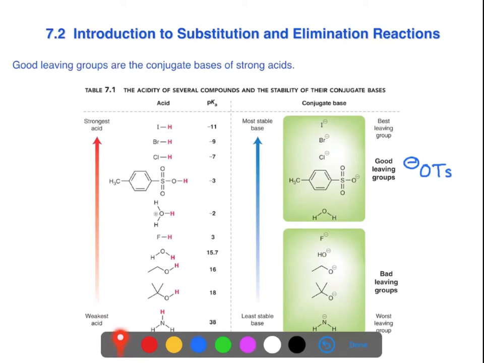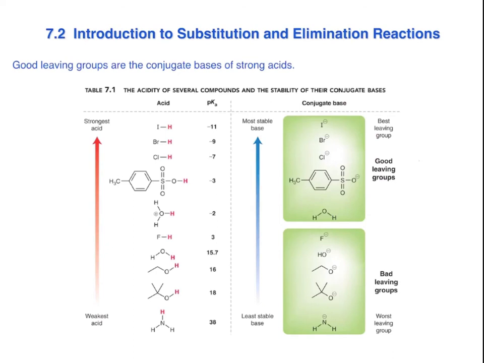In addition, you can see that water is also considered a decent leaving group. What's highlighted in green in the top section of this table are some of the best leaving groups that we will often observe in these types of reactions. Now on the flip side, some of the worst leaving groups are the strongest bases.